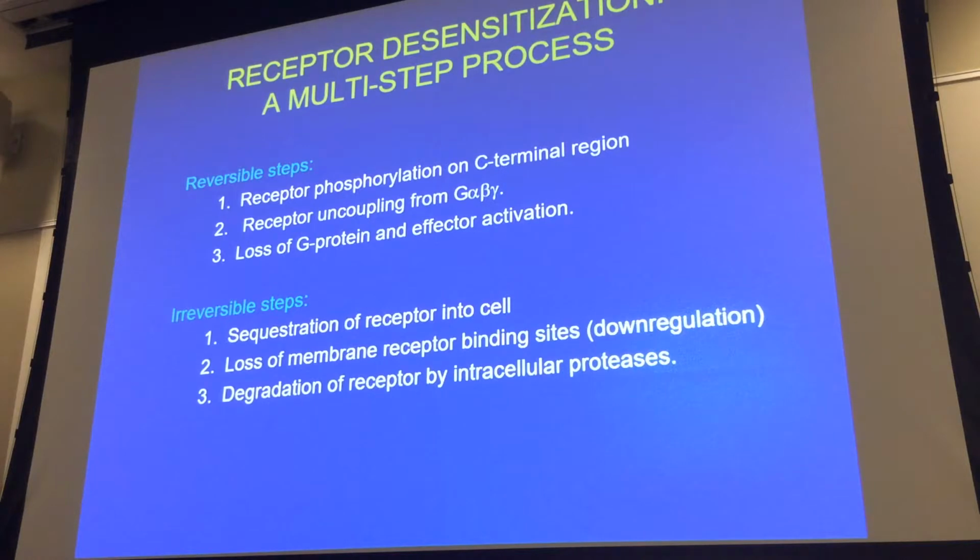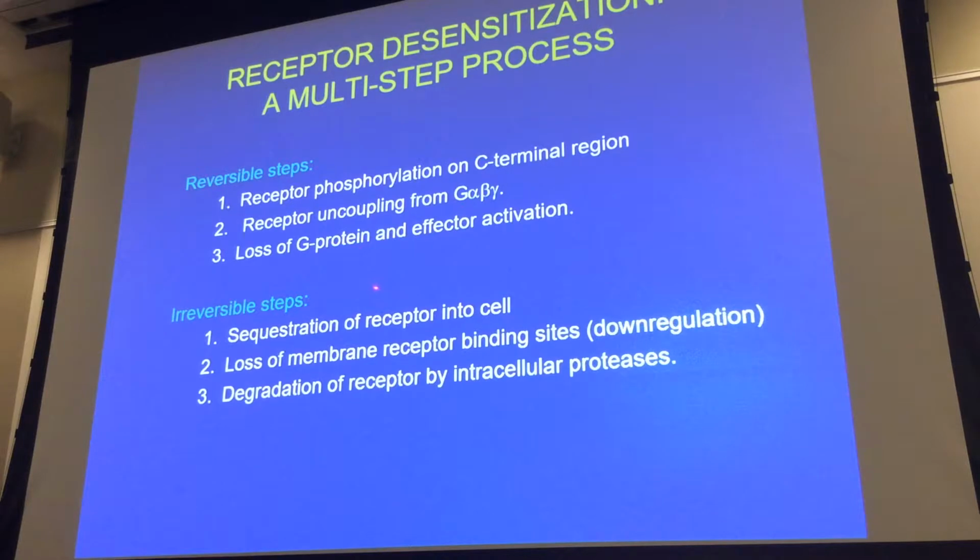So in the reversible steps, we have phosphorylation of the receptor on the C-terminal region. This leads to uncoupling of the receptor from the G protein, loss of the G protein, and effector activation. So if a receptor is overstimulated for a short time, these are the steps that occur.